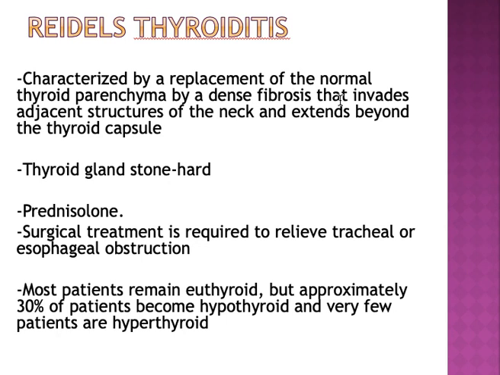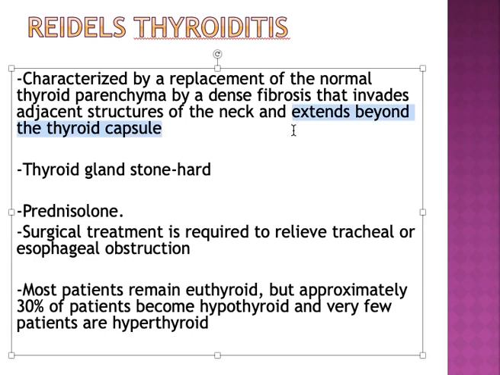And that fibrosis extends beyond the thyroid capsule. So I think now you can understand the difference between Hashimoto's and this one: in Hashimoto's the capsule is intact, whereas in Riedel's thyroiditis it extends beyond the capsule. And on clinical examination, when we try to palpate the thyroid, we find that the thyroid is stony hard.